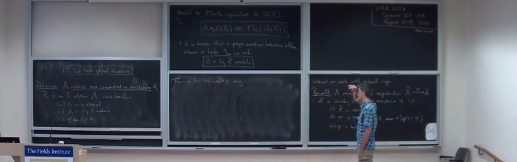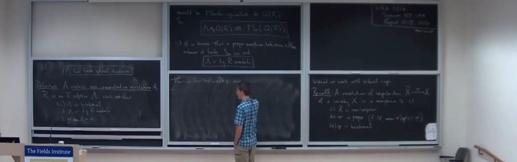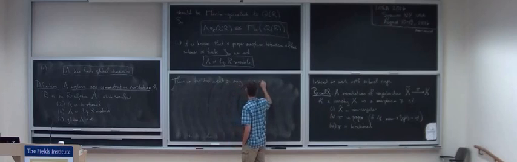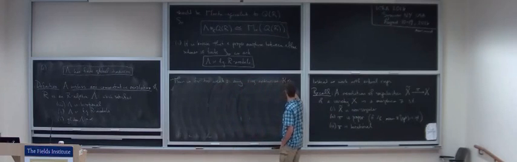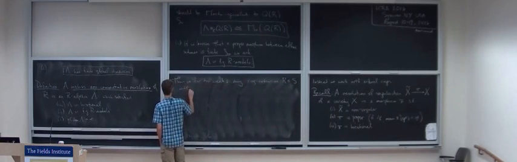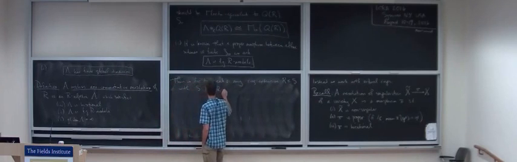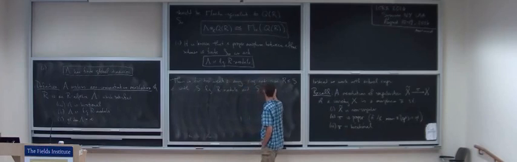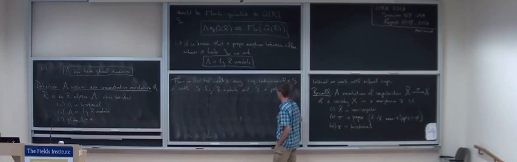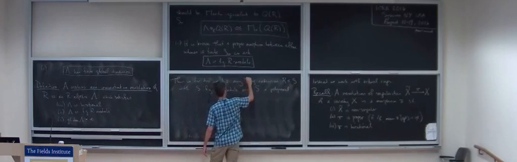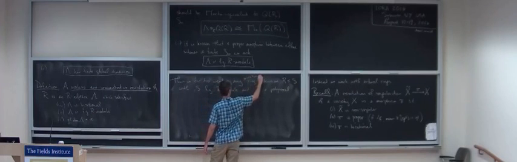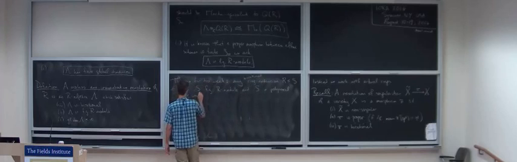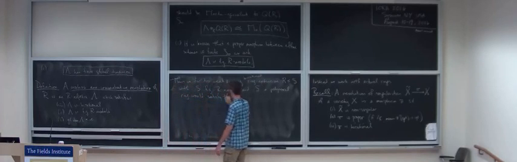It's far too weak because any ring extension R contained in S with S a finitely generated R module and S a polynomial ring, I should say birational, would satisfy this.